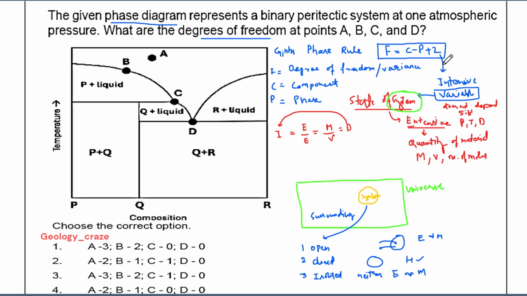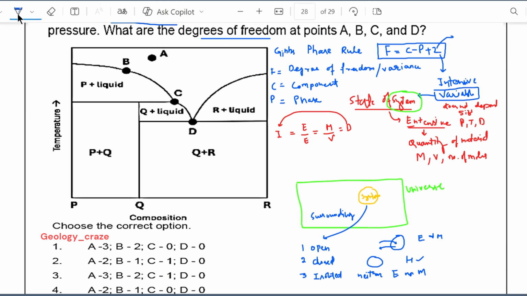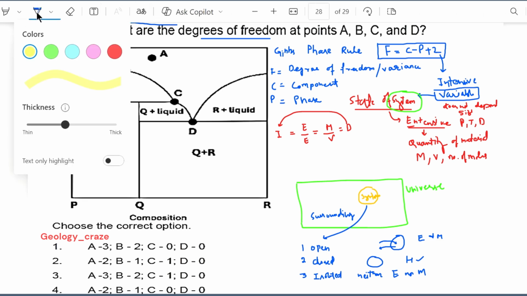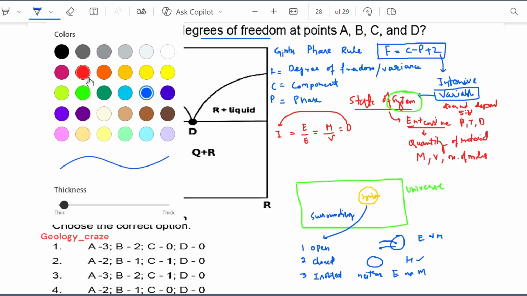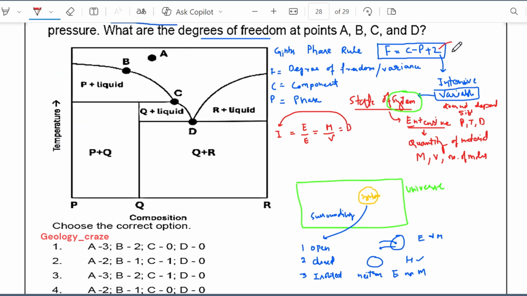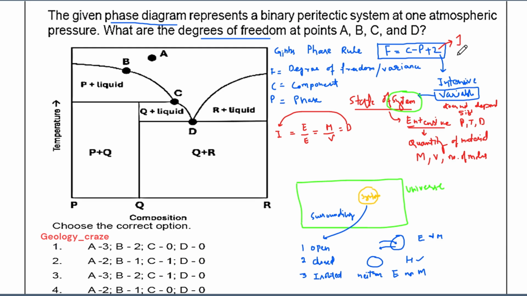But we are using one more formula. Instead of 2 we are also using 1, in the case when pressure is fixed.